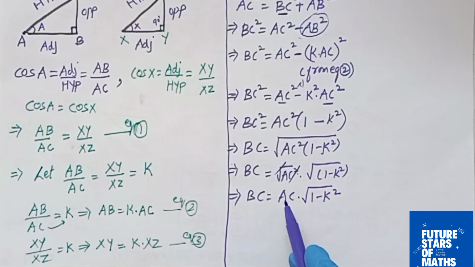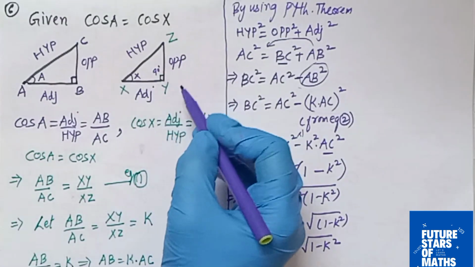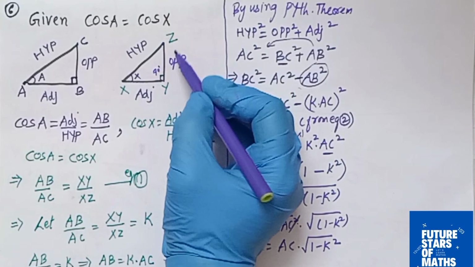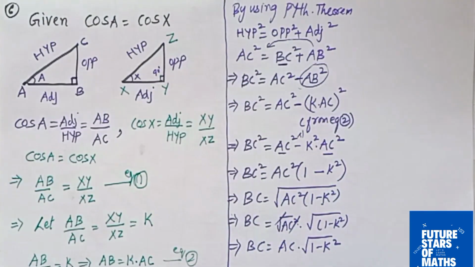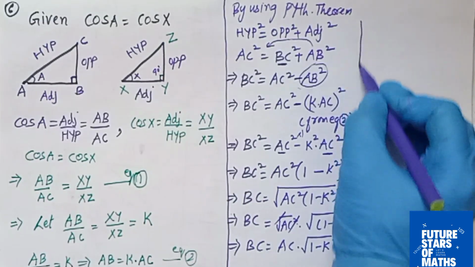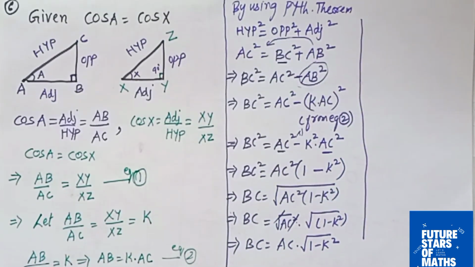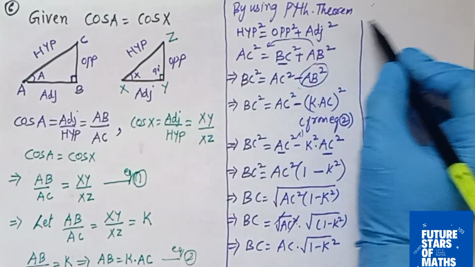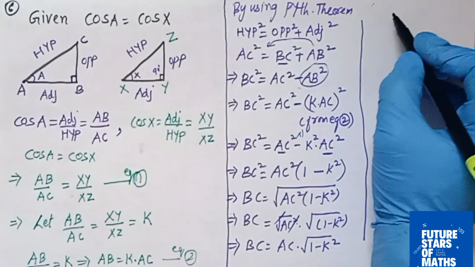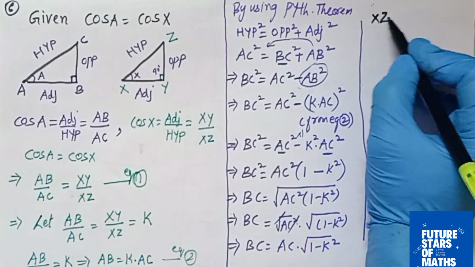Similarly we can find the YZ side also. You have to follow the same procedure. Hypotenuse square is equal to opposite square plus adjacent square. Here the hypotenuse side is XZ.